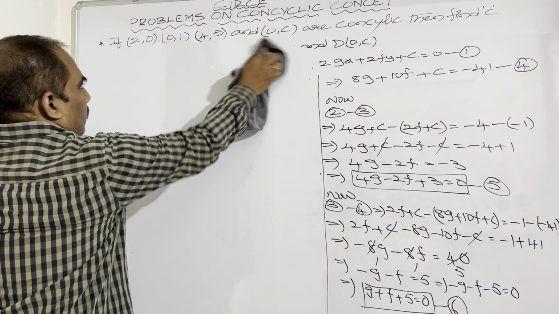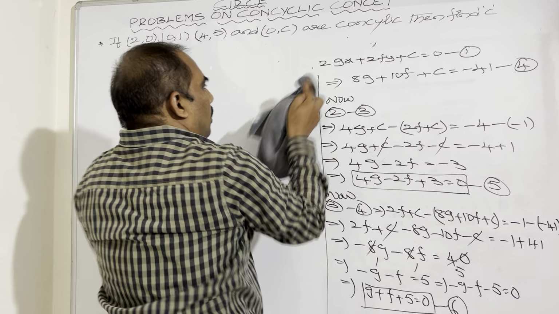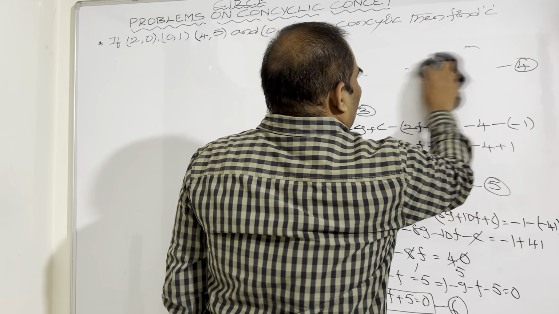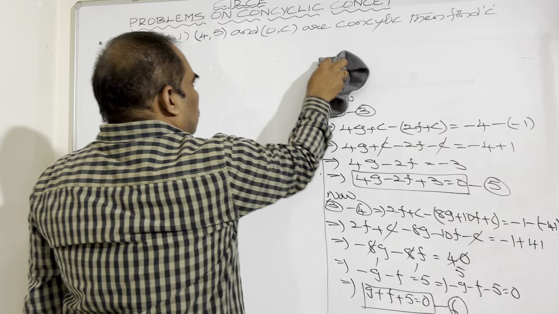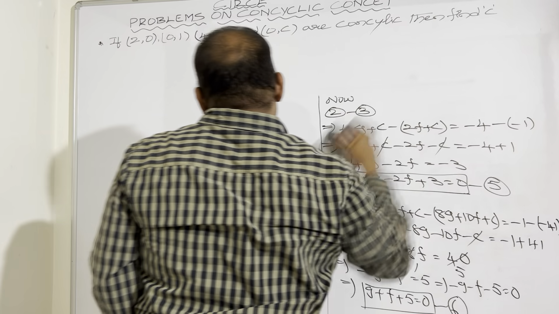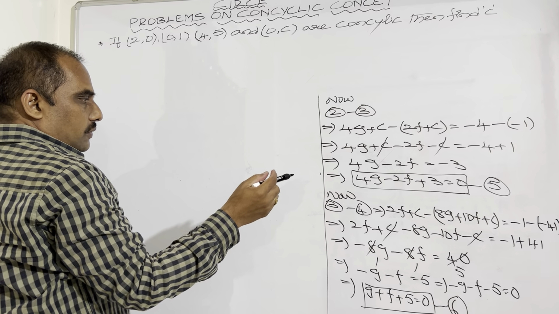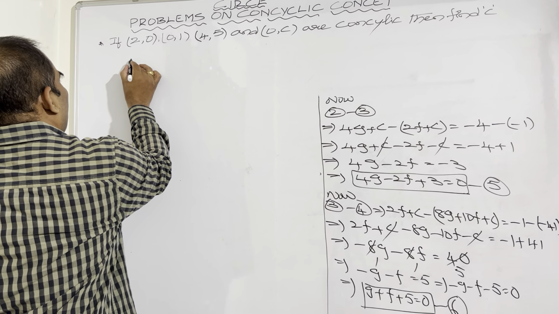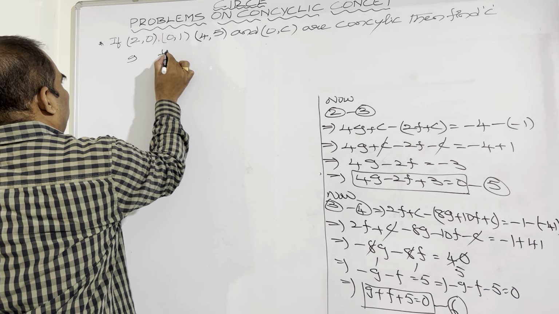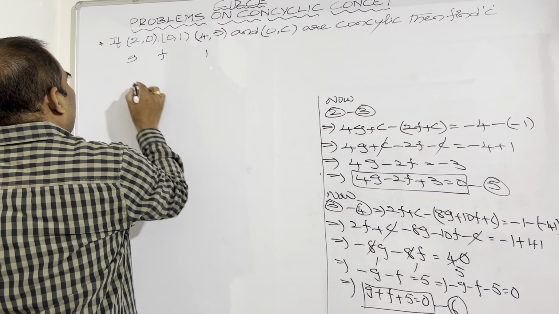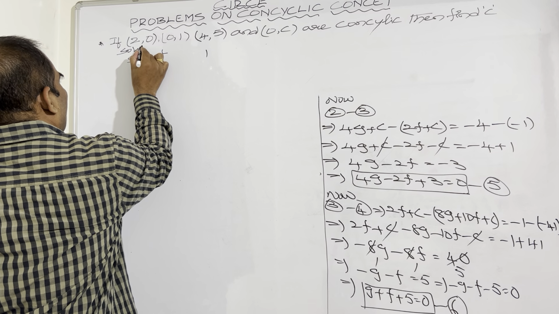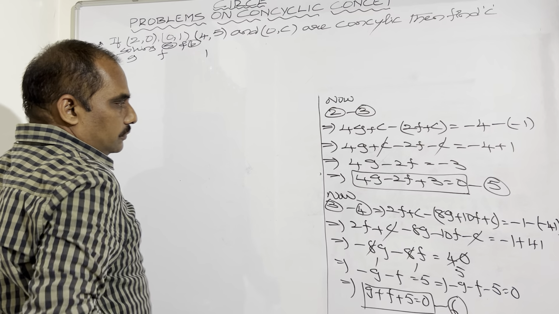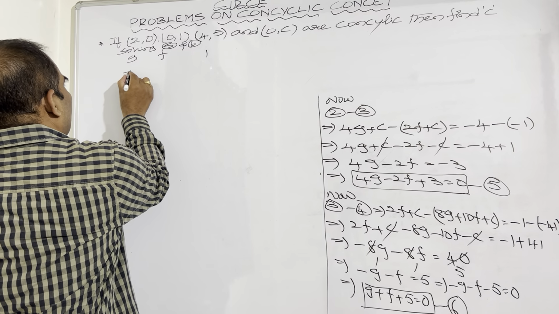I am solving equations 5 and 6 by the cross multiplication method, taking g, f and one constant.